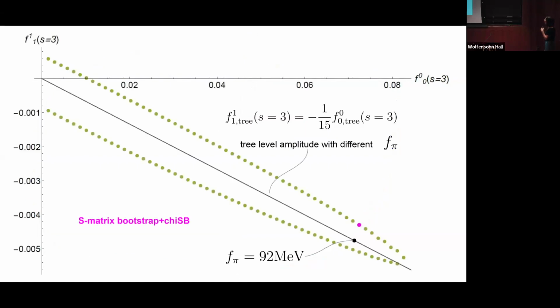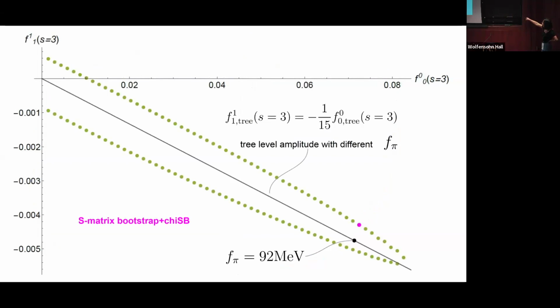So let's zoom in to look at some detail of this. Here I'm plotting half of this convex shape, which is, again, at each of these boundary points, there's an extremal amplitude. And I also plot a straight line here, which is the tree level amplitude evaluated for these two linear functionals for different values of f_pi.